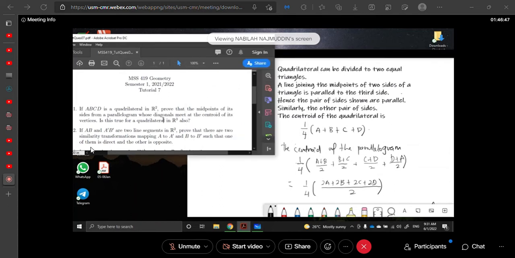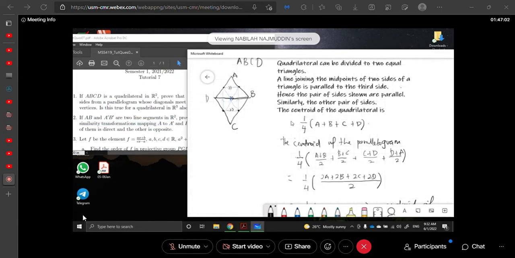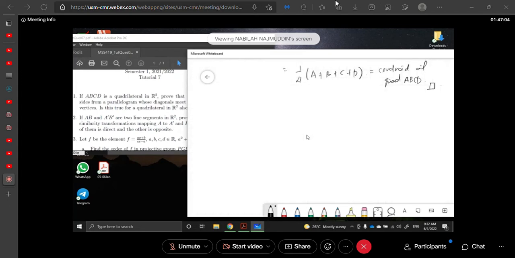Okay, so number 2: if AB and A prime B prime are two line segments, prove that there are two similarity transformations that map one to the other. For this one, you will have to consider squares with AB and A prime B prime.